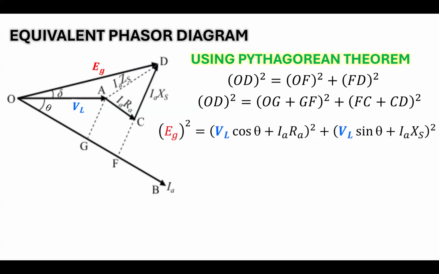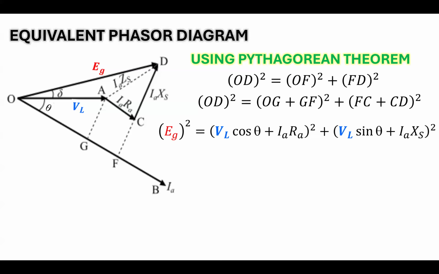So, simplifying the equation, the generated voltage squared is equal to quantity V L cosine theta plus I sub A multiplied by R A, squared, plus quantity V L sine theta plus I sub A multiplied by X sub S, squared.